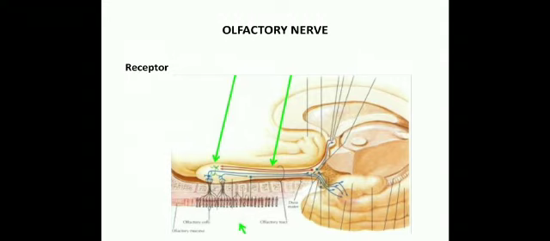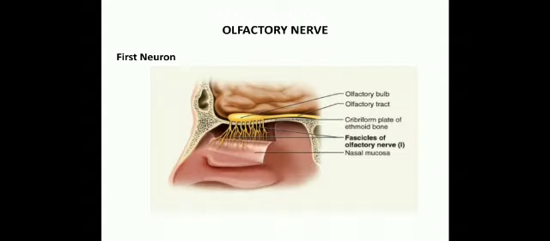The receptors include the olfactory cells. It is about 16 to 20 million in man. They are bipolar neurons. So, they lie in the olfactory part of the nasal mucosa and serve both as receptors as well as the first neurons in the olfactory pathway.